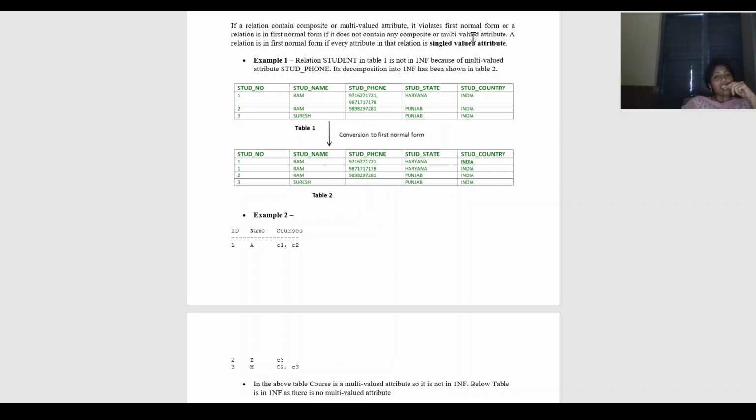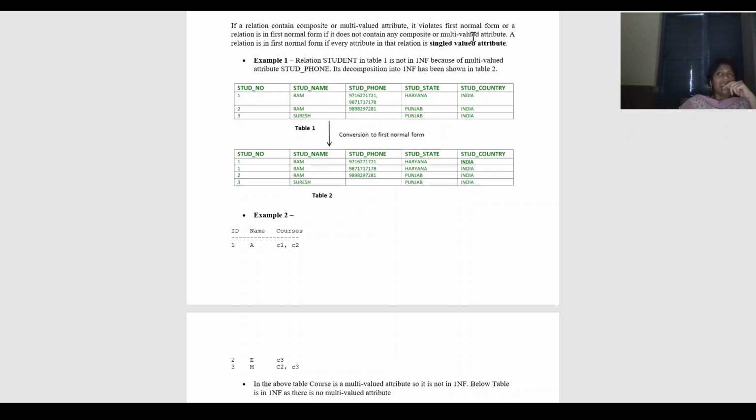A relation is in first normal form if every attribute in that relation is a single-valued attribute. In first normal form, the value should be in a single-valued attribute, not in a multi-valued attribute. If it is in a multi-valued attribute, we have to split the values into single values.